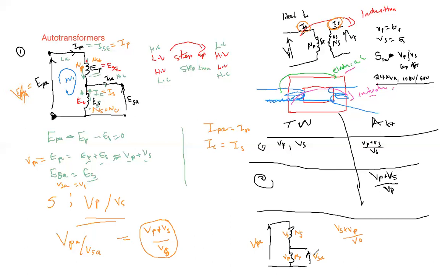Let's look at the other way in which these are connected. Now we are going to look at step ups. If it's a step up, it means we have a lower voltage at the beginning on the primary side, then on the secondary side, we have a higher voltage.